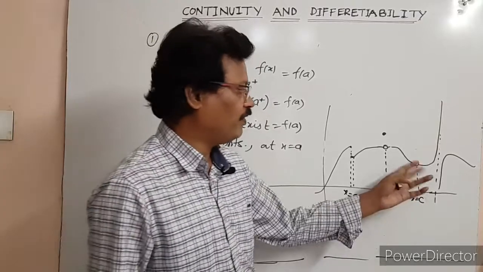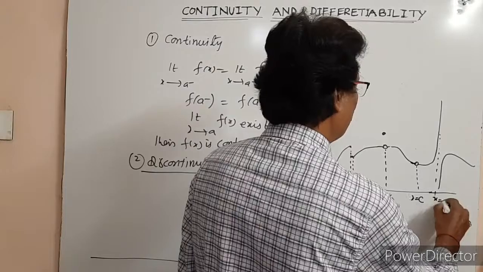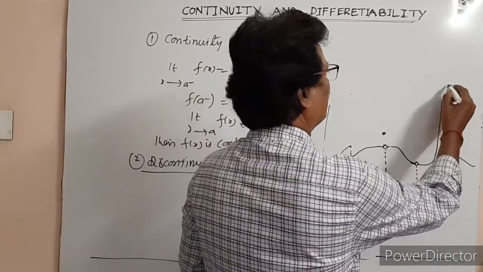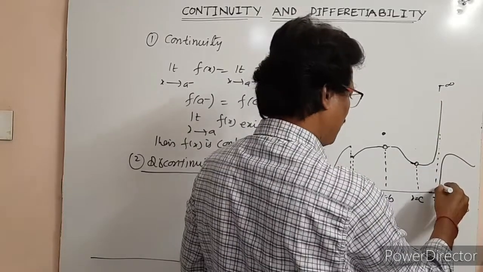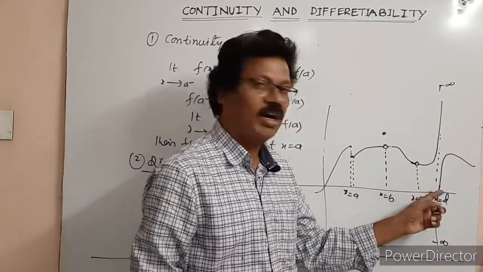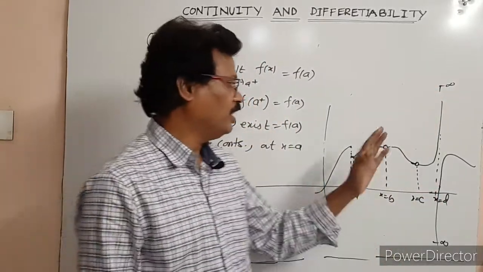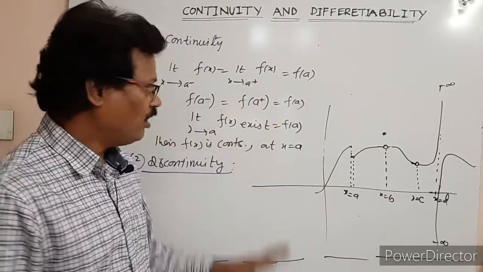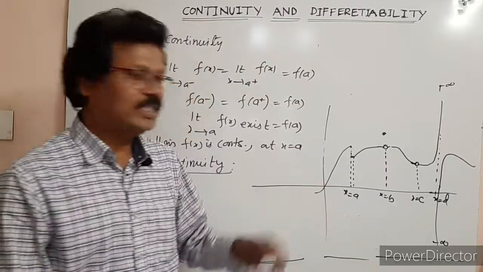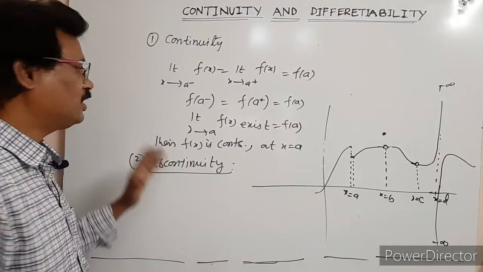At x equal to c the function is not defined. Now at x equal to d, the left limit is plus infinity and the right limit is minus infinity. Therefore, if either the left limit or the right limit tends to plus infinity or minus infinity, then that function is discontinuous. In all the cases there is a break in the graph, that's why that function is called discontinuous.